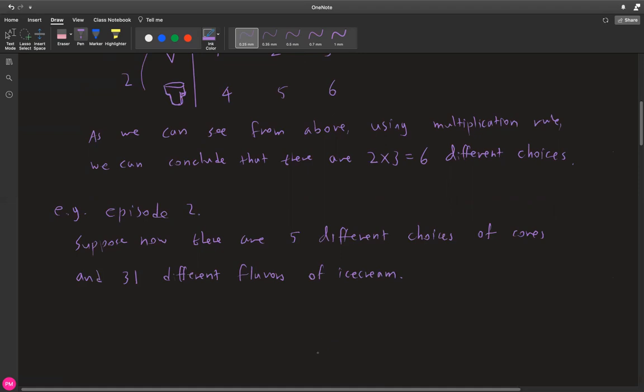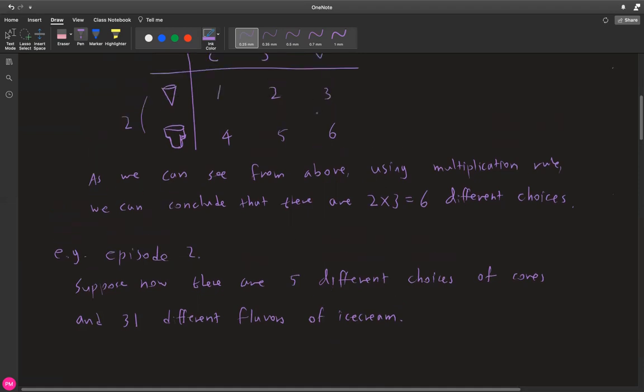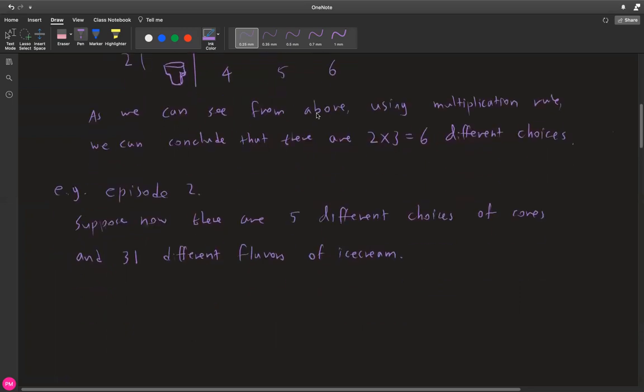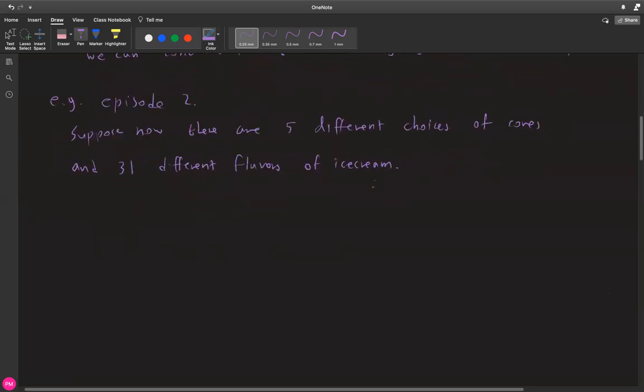As you can see, we can proceed to solve this problem like how we did here. We could just draw a 5 by 31 table, but that's going to be very time consuming and would not be very efficient.